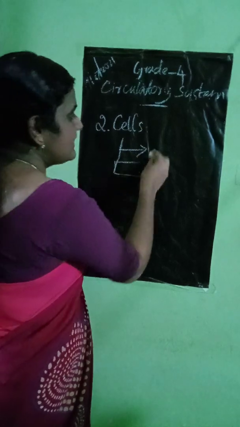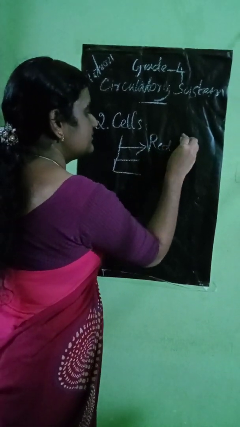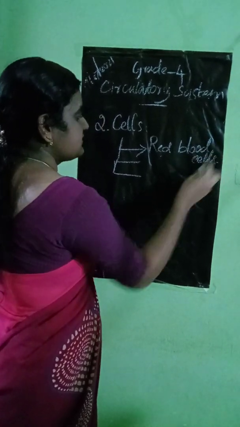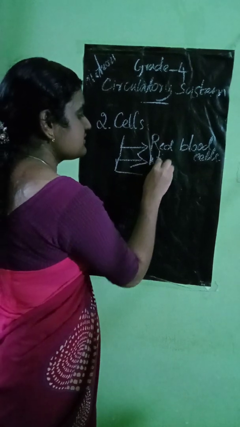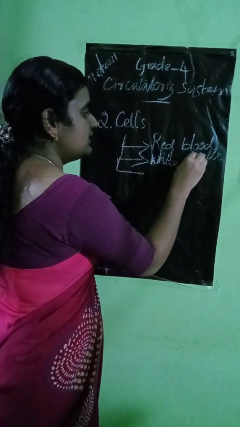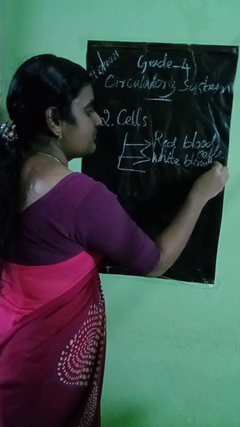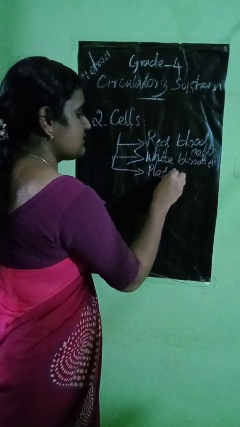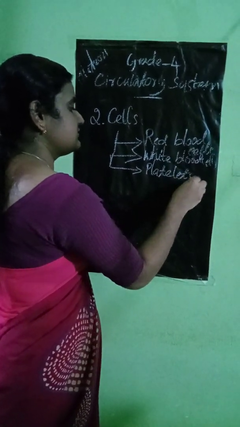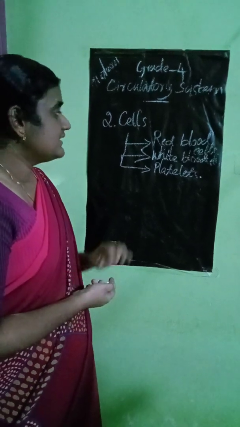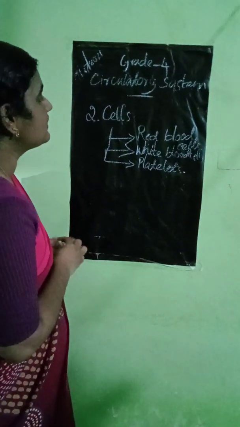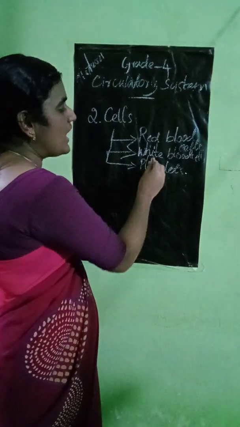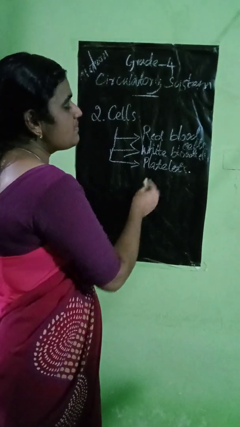The first one is red blood cells, the second one is white blood cells, and the third one is platelets.